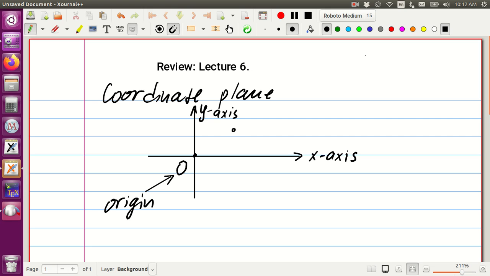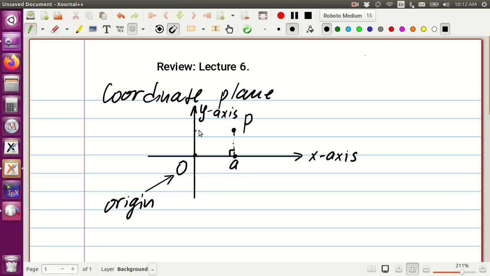So if you take any point over here, let's call it point P, you can draw a vertical line towards x-axis, and we can call this distance between origin and this point on the x-axis to be A. And this is a perpendicular line, so this is 90-degree angle.